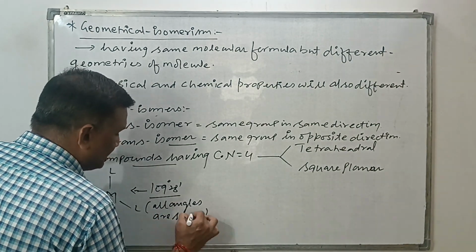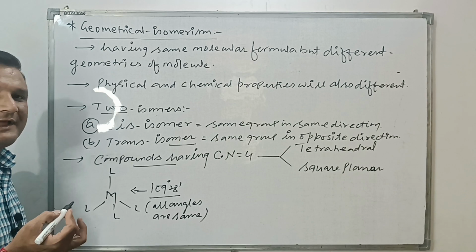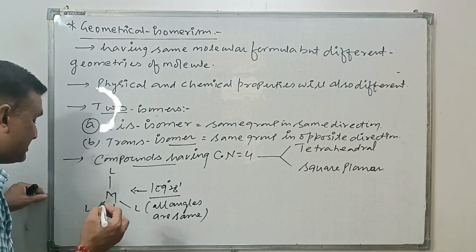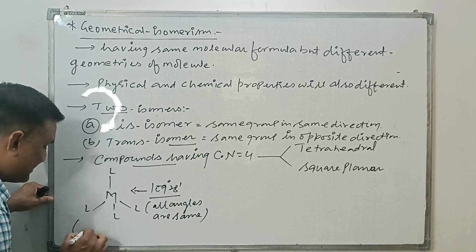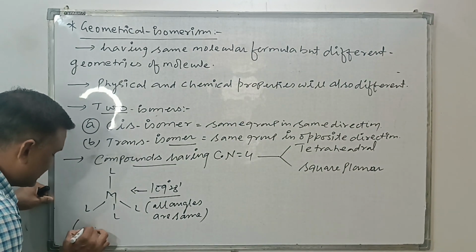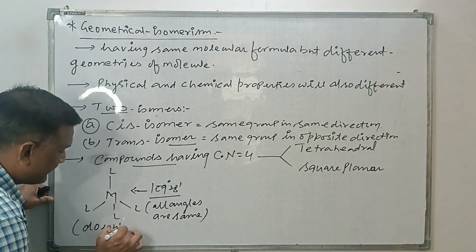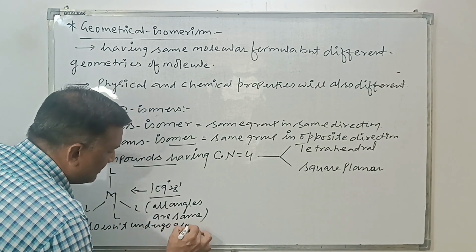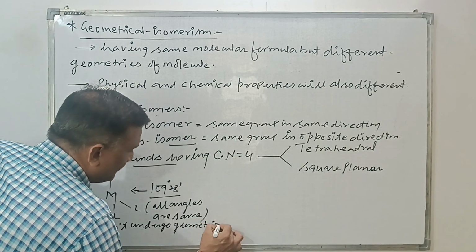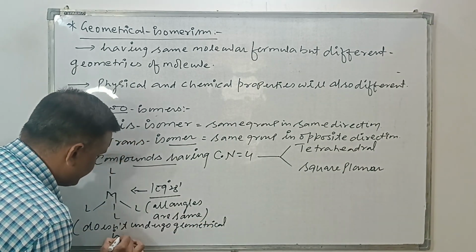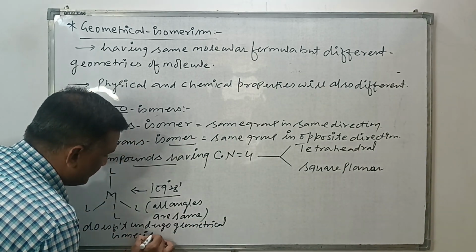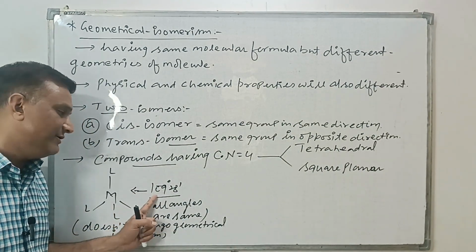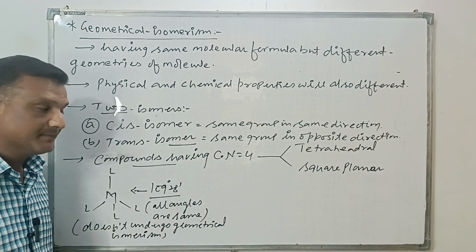Due to having the same value of bond angle, tetrahedral geometry doesn't undergo any kind of geometrical isomerism, because all the angles are the same with the value of 109 degrees 28 minutes.